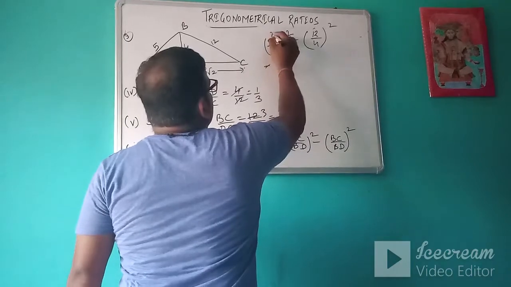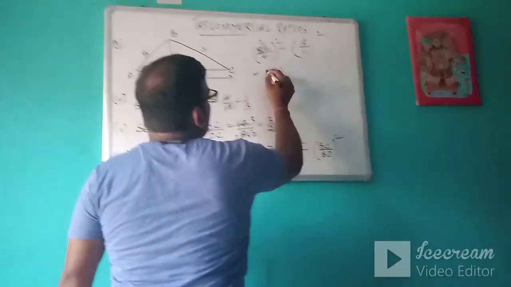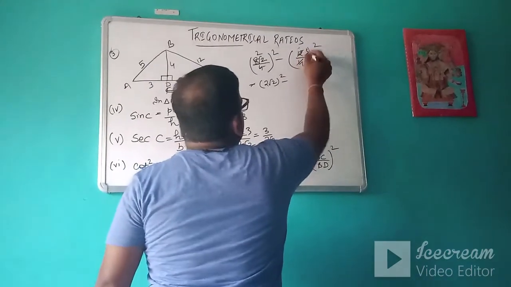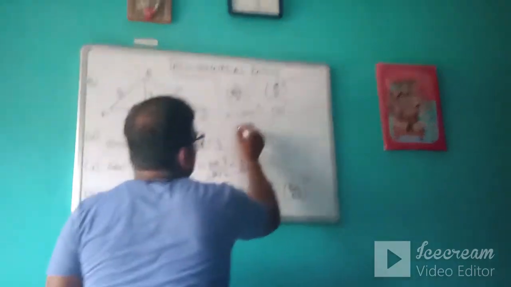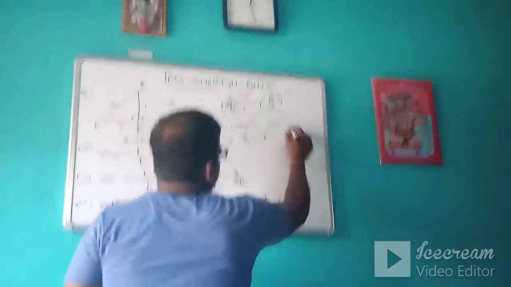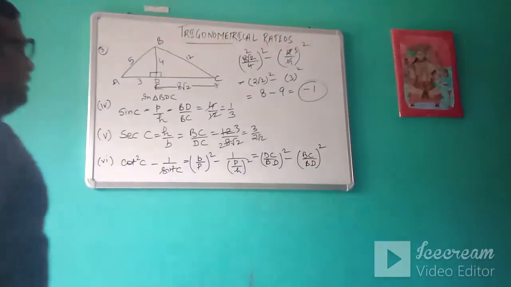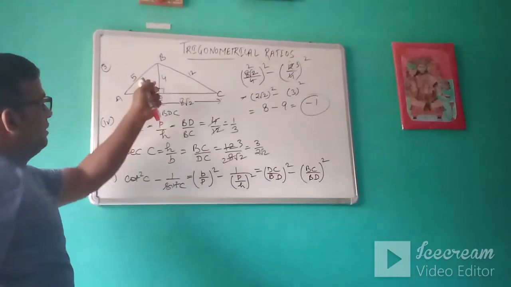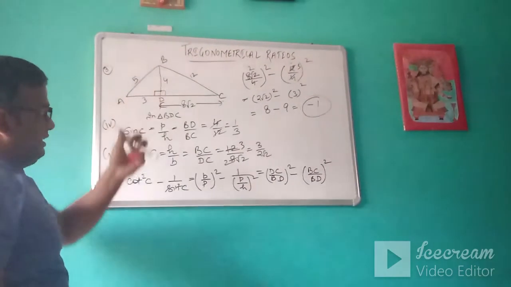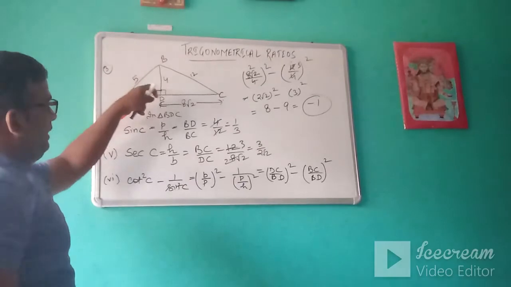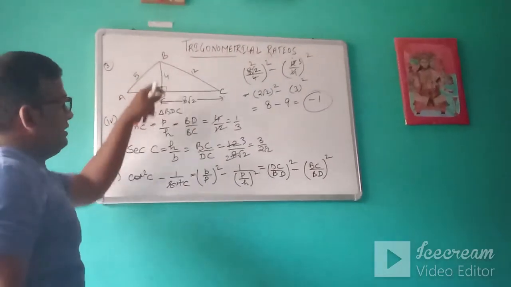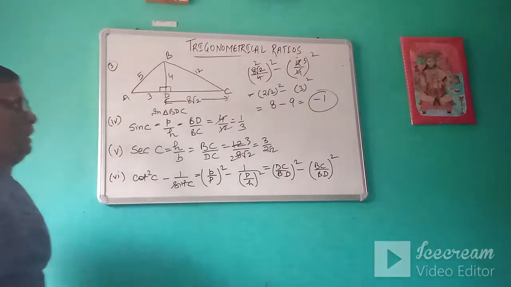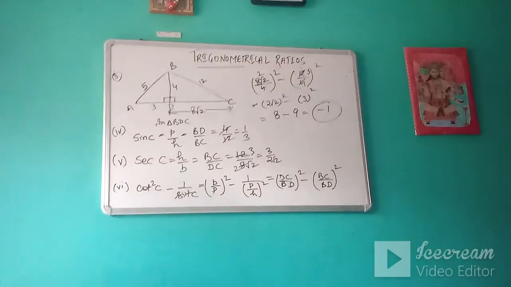So it is 2 root 2 whole square minus 3 square. And what is 2 root 2 whole square? 8 minus 9, that is minus 1. So that will be your answer. Okay, like this, in these type of triangles, first you will see how many right angle triangles are there, then you will find the values of remaining sides, then you will find the trigonometric ratio and manipulate according to the given question.